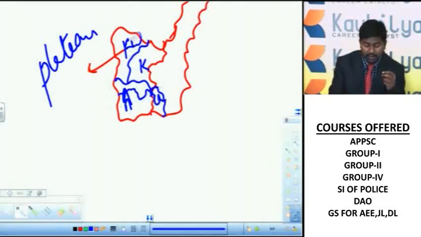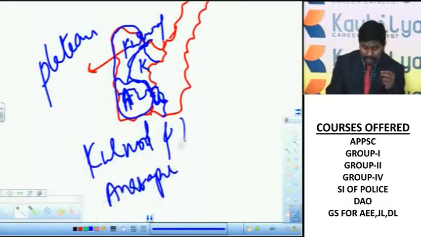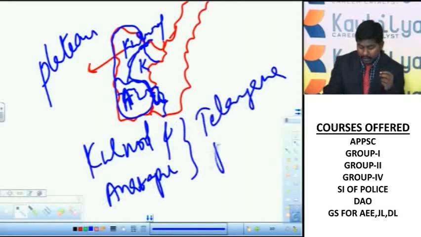So these are four districts, but of these, Kurnool and Anantapur districts completely lie in the Plateau region, as part of the Telangana Plateau.